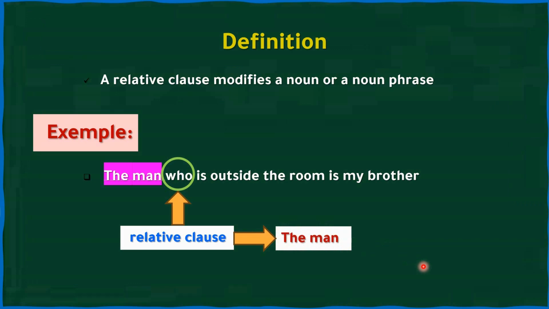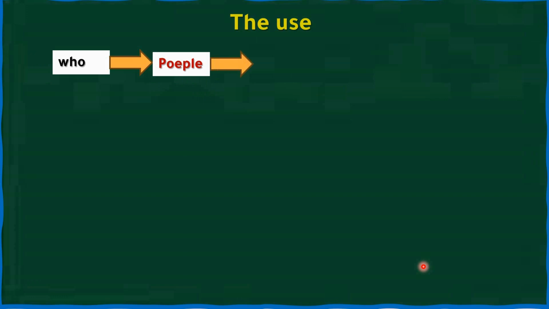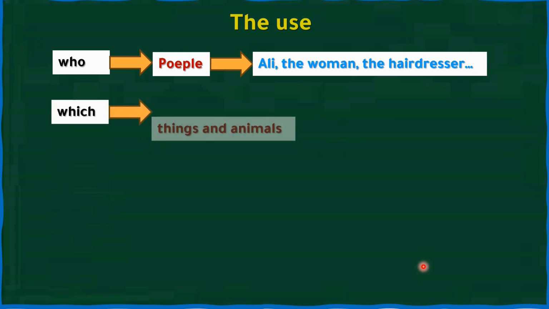So how do we use relative clauses to connect two sentences? First, who indicates people, like Ali, the woman, the hairdresser, the teacher, the nurse, and so forth. Which indicates what?